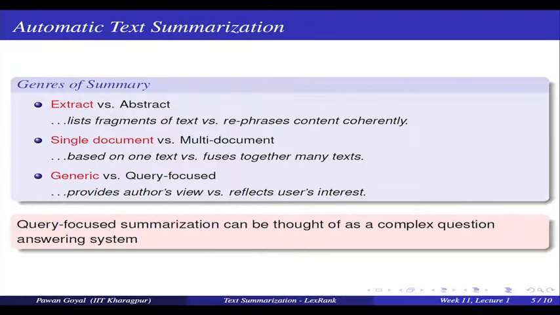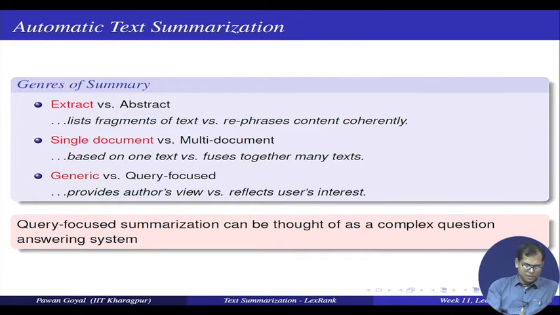In our next 2-3 lectures, we will mainly focus on extractive, single document and generic summarization. We'll talk about how you take a document and create an extractive and generic summary out of it.